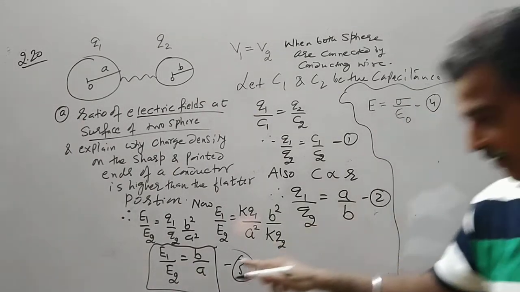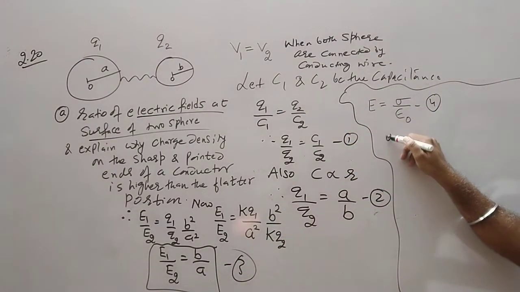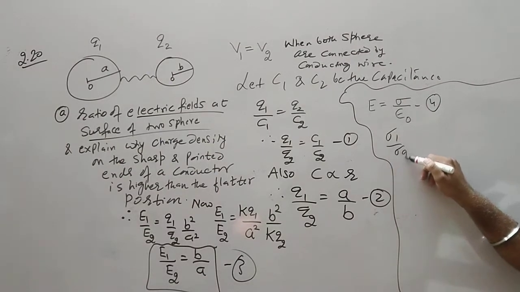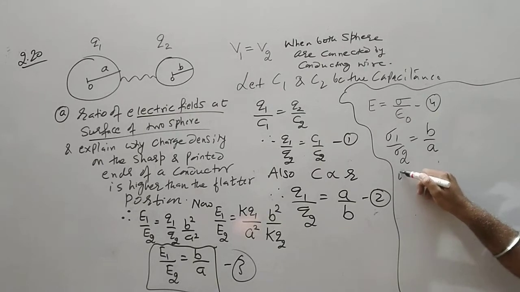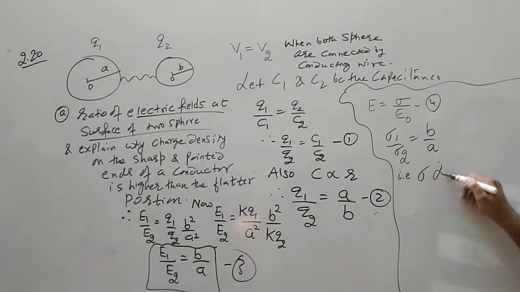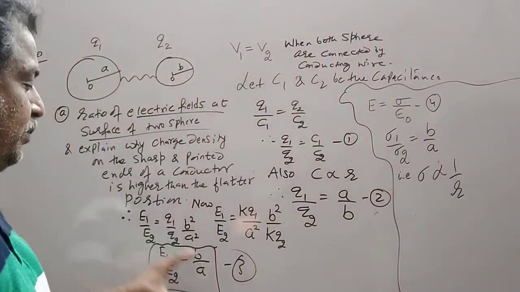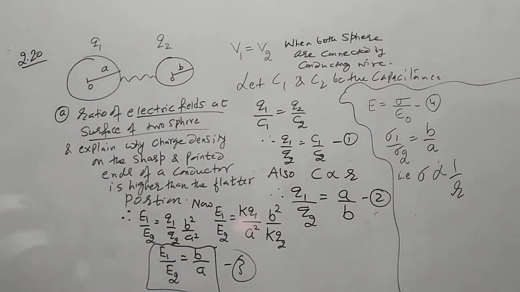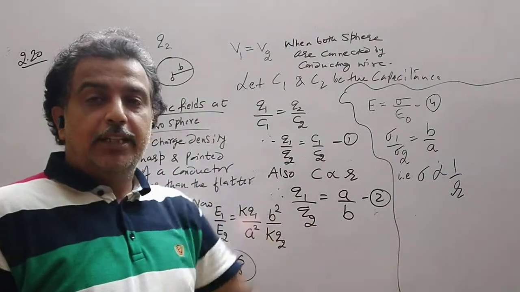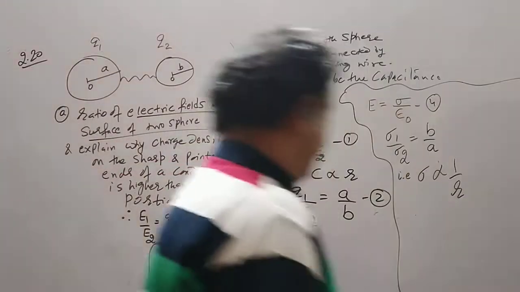So if I take this equation 3 and equation 4, I can write sigma 1 upon sigma 2 is equal to B upon A. That is, sigma is inversely proportional to the radius. Here in all these expressions, R is radius because you are dealing with a sphere. So surface charge density is inversely proportional to the radius of a sphere.